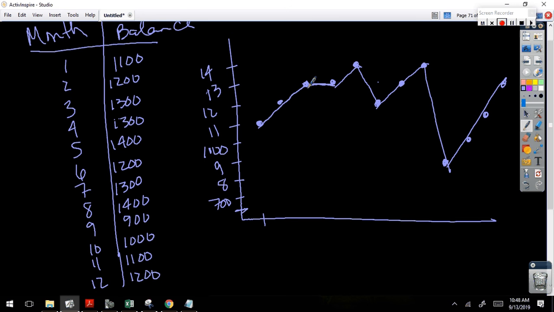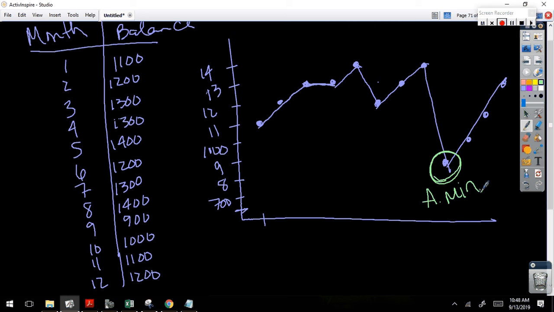I'll probably make you graph it yourself. Okay, explain the extrema in context of the situation. What extrema do you see? 900 is definitely, what is that? So what's it? Absolute minimum. Explain what that means in this situation.